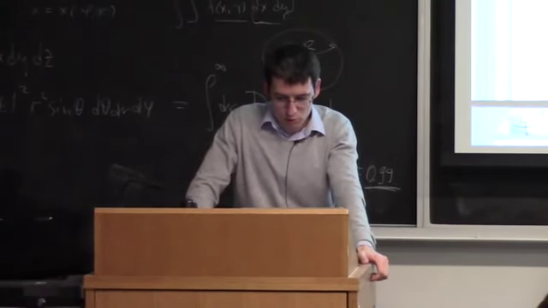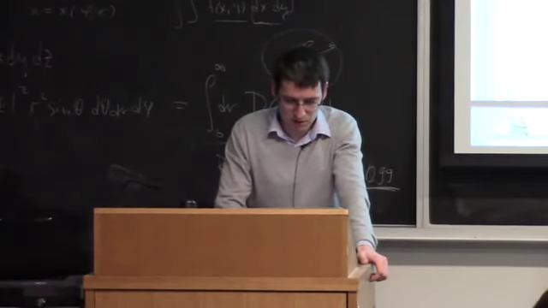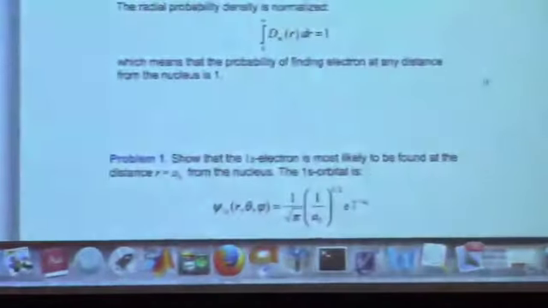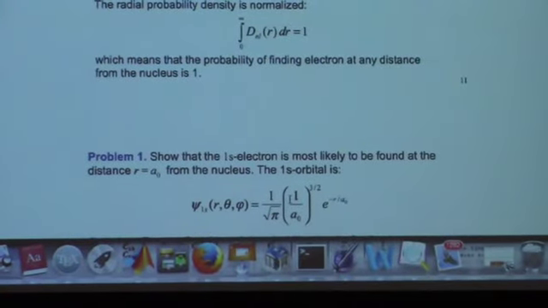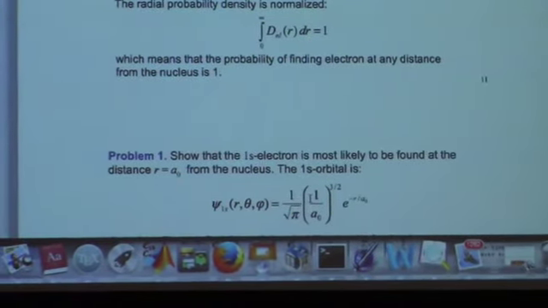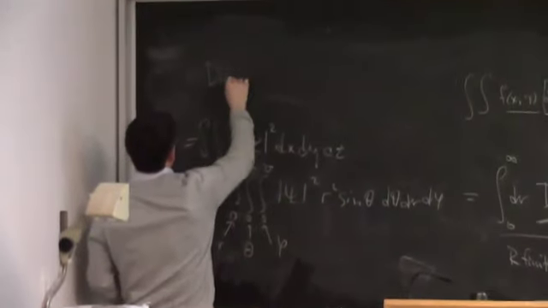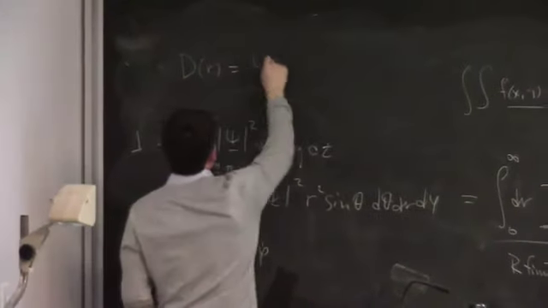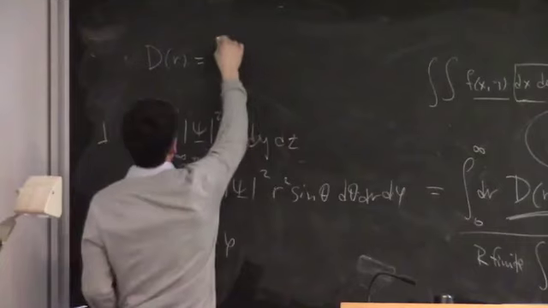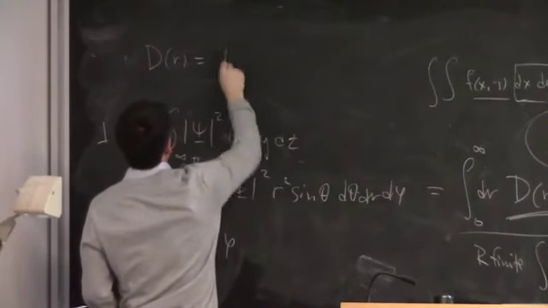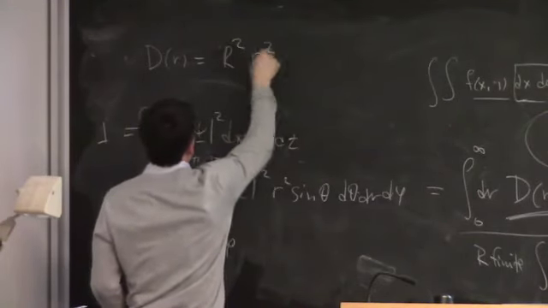So all you need to worry about is the functional part. Don't worry about the constant. Okay. So what is the D? D of r will be the radial part squared times r squared.